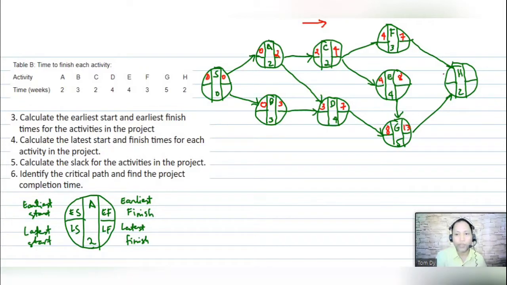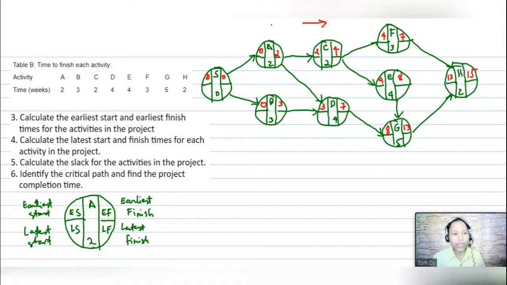Okay, if you have noticed for H, we have here 2 arrows connected to it. We have here 7 and 13. So this time, we will copy 13. Okay, and then 13 plus 2, that is equivalent to 15. Okay, so we are done with the forward pass.